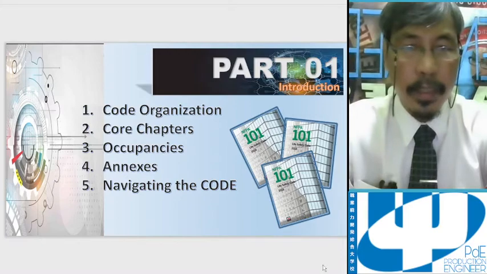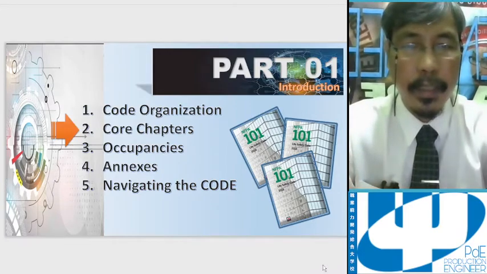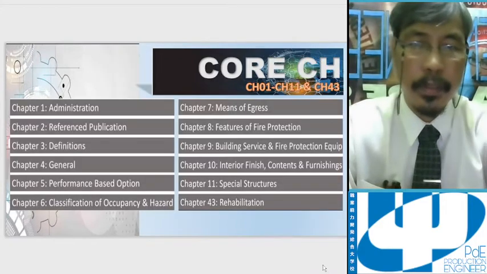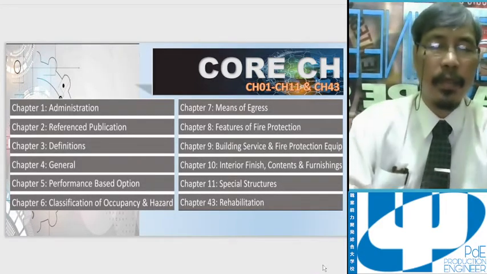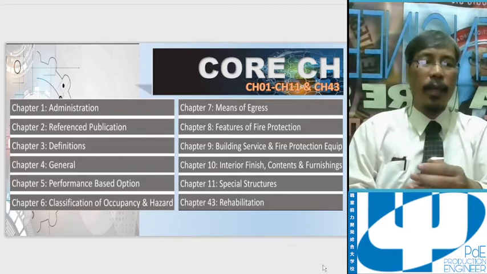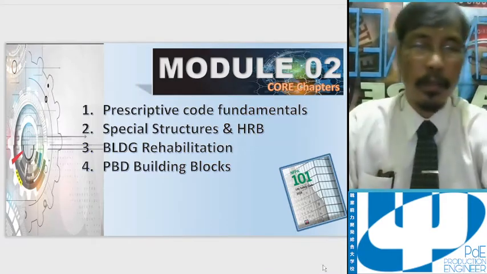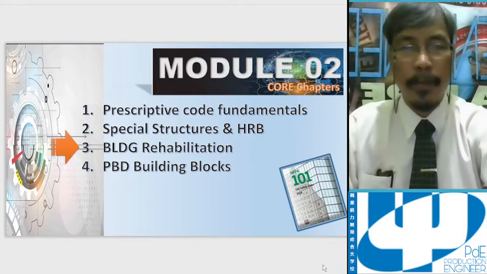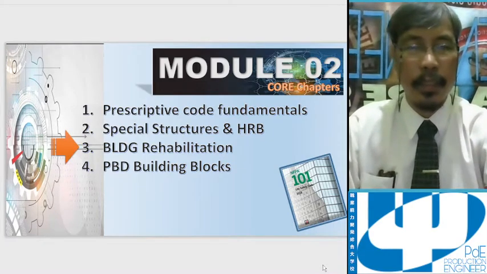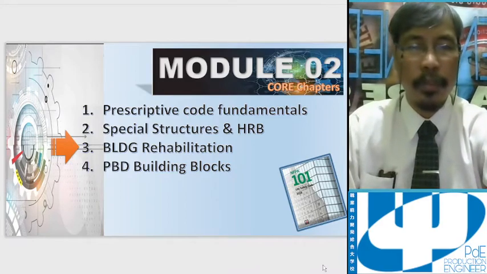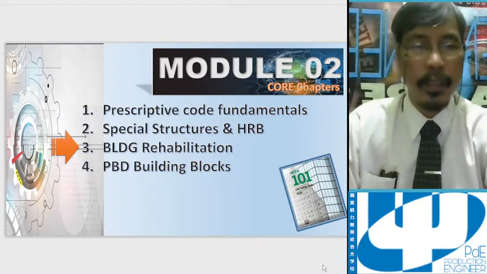We have Part 1, so we are currently on Module 2, Core Chapters. These are the list of core chapters, and we divided it in 4. In this presentation, we are dealing with number 3. So this is Module 2.3, Building Rehabilitation.